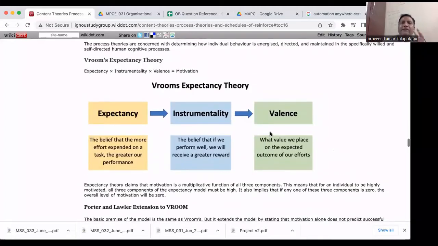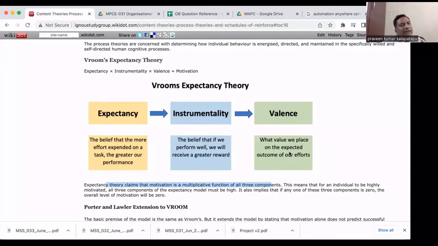This is Vroom's expectancy theory. It has a formula where expectancy times instrumentality times valence equals motivation. All three coexist, and it is a multiplicative function of all three. What it means is, let's say I know that if I do this job, I can perform better. I also know that if I perform, I'm going to get a reward.